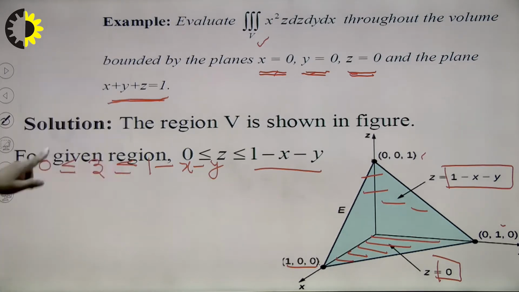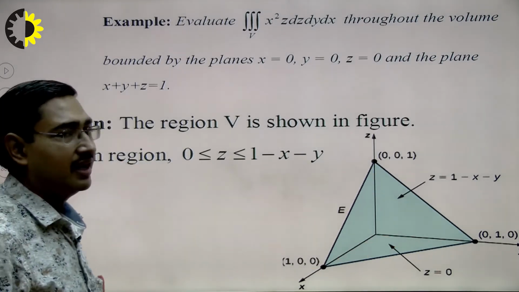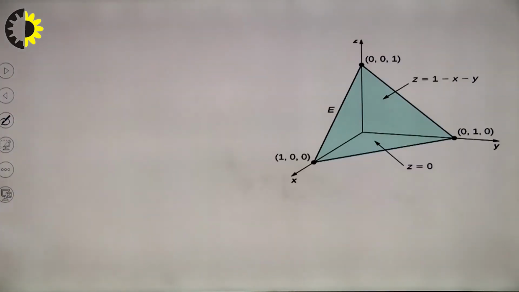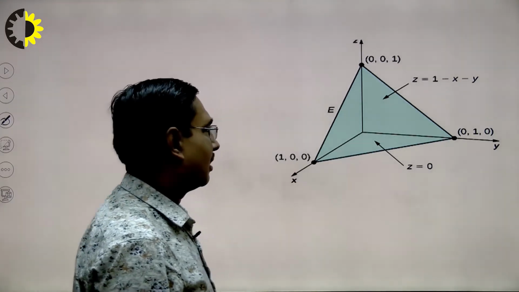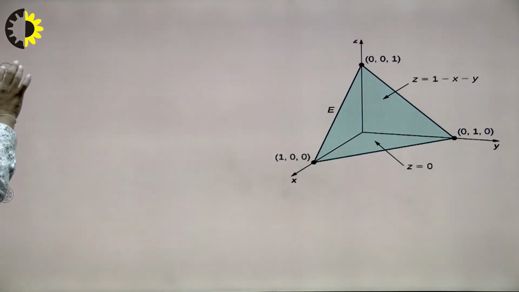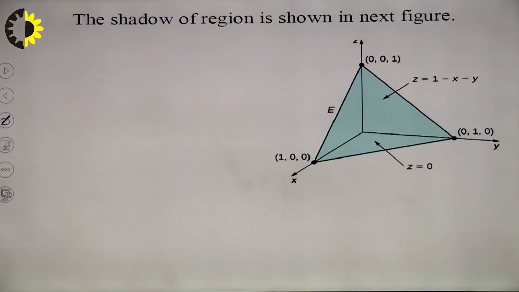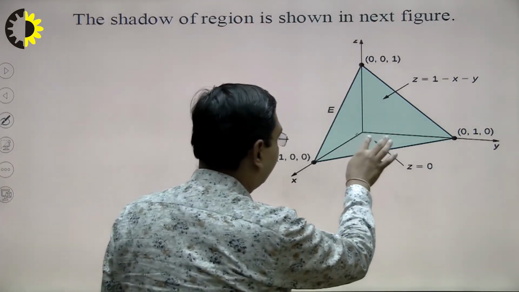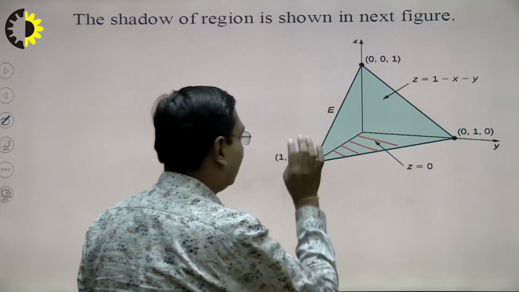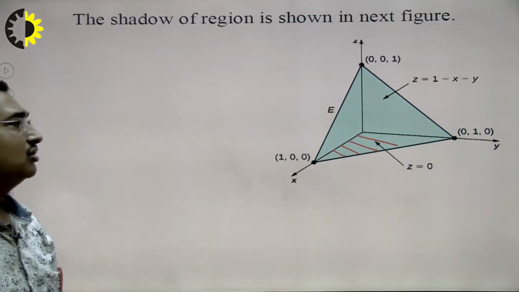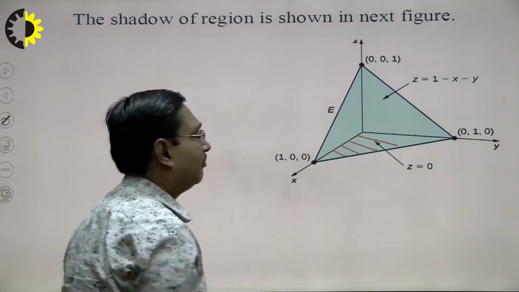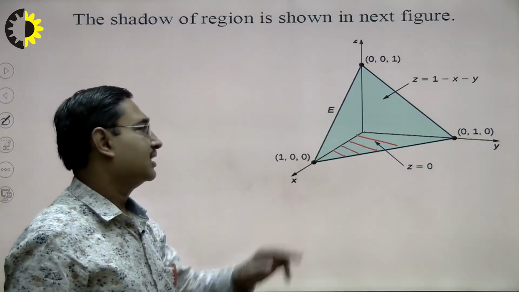Now, we are going to find the limits of x and y. This is our region. The z limits are already calculated. To find the limits of x and y, as I have already told, we consider the shadow or projection of the region on the xy plane, because this is a pyramid having its vertex at this point.